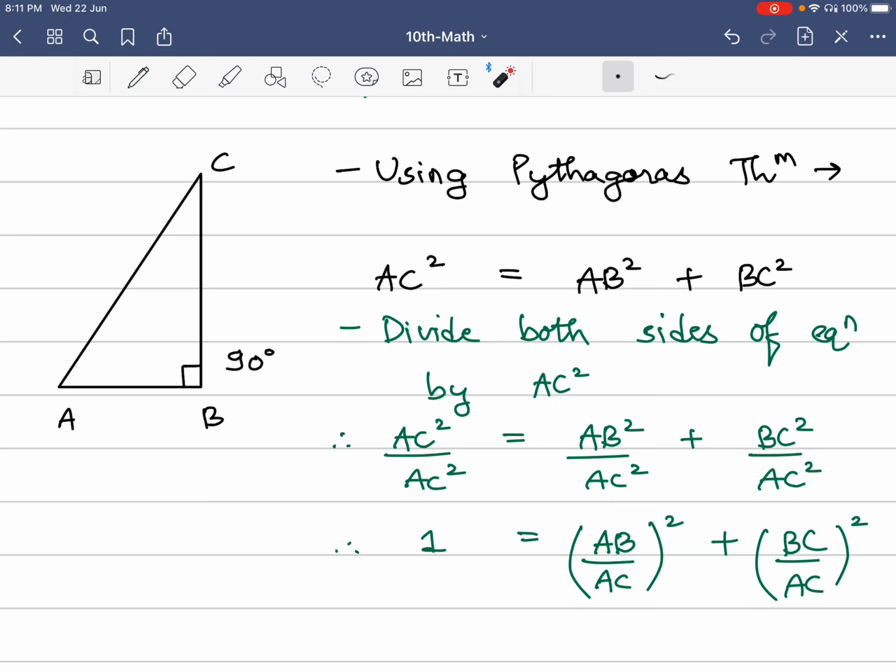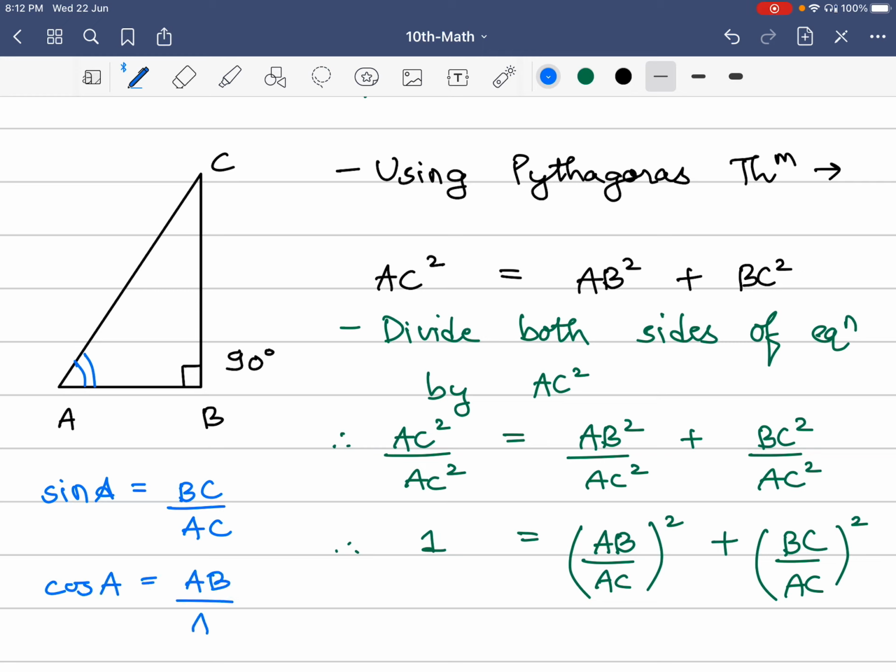Now let's focus on angle A. Angle A is our angle of focus. With respect to angle A, what is sine A? It is opposite BC upon hypotenuse AC. And what is cos A? Cos A is equal to adjacent AB upon the hypotenuse AC.